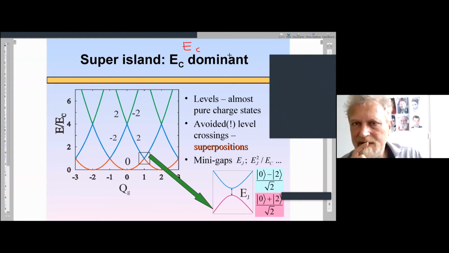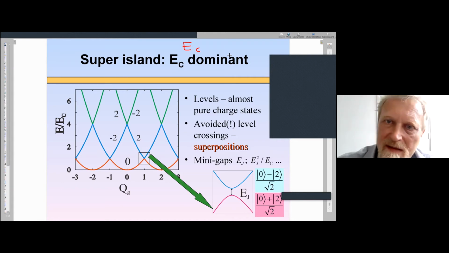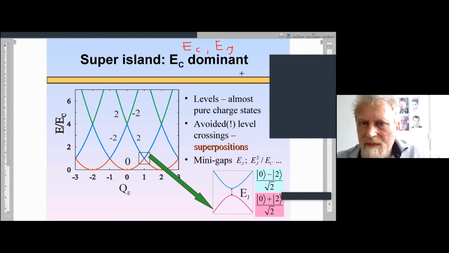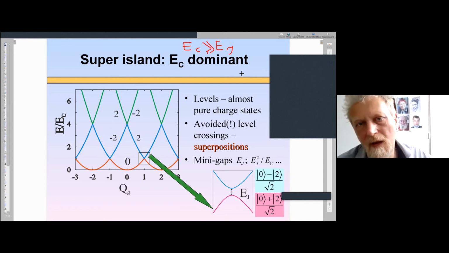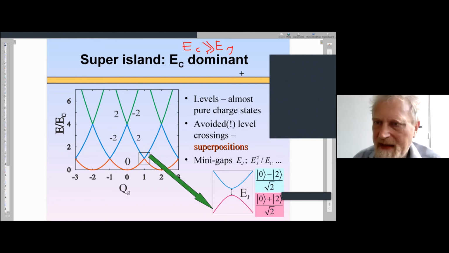So the only limits which I can draw is to set it either this way or in the opposite way. I start with a rather boring limit when charging energy is dominant.